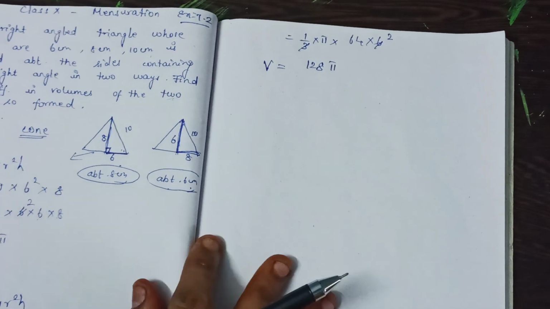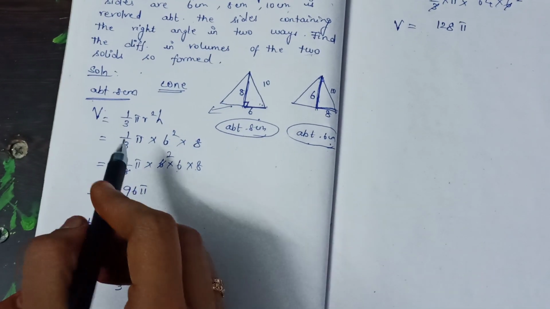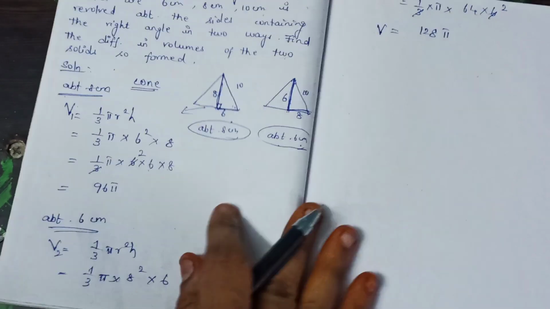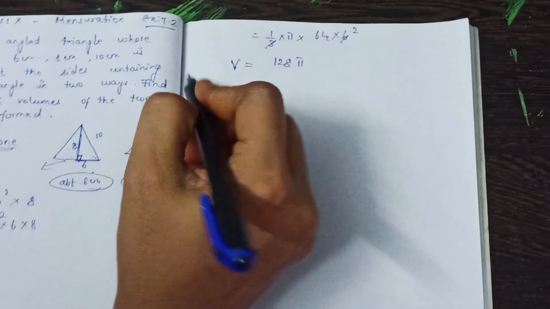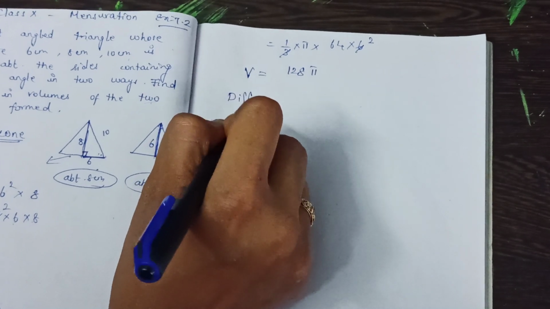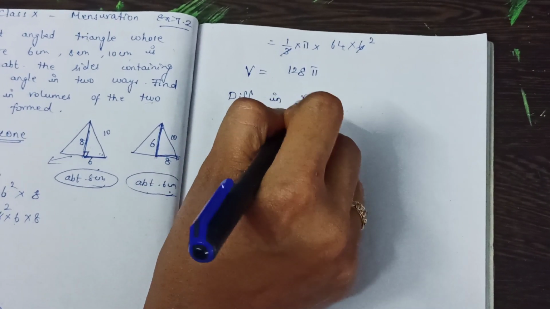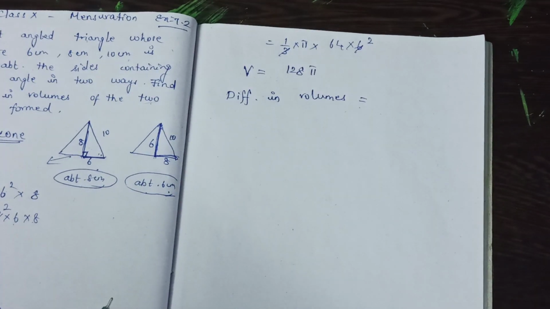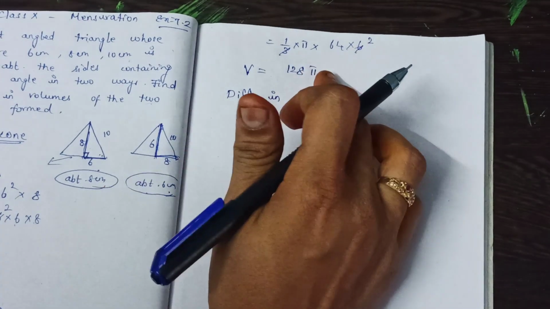Okay. So for the difference in volumes, let us take this as V1 and V2. Therefore, we have to find the difference in volume. Difference in their volumes, which is equal to, we have to subtract the smaller one from the bigger one.